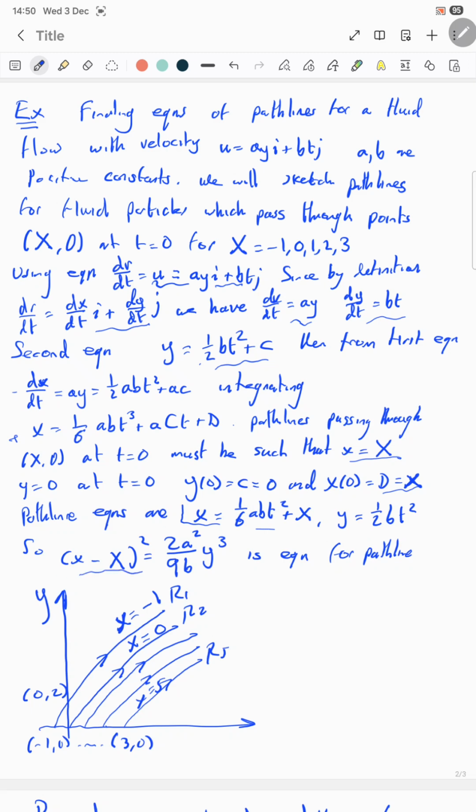So x minus our given x0 equals 2a squared over 9b y cubed, and this is the equation of our pathline, with solutions here, where x0 equals -1. We started from x0 equals -1. We're going up here, r1, r2, r3, and so on, approximately like this, as we go on for the values of x0 that we're given here.